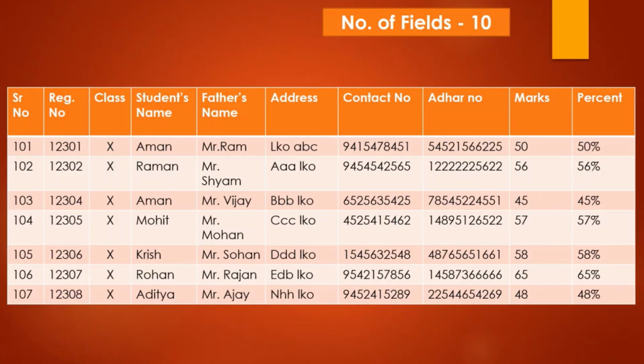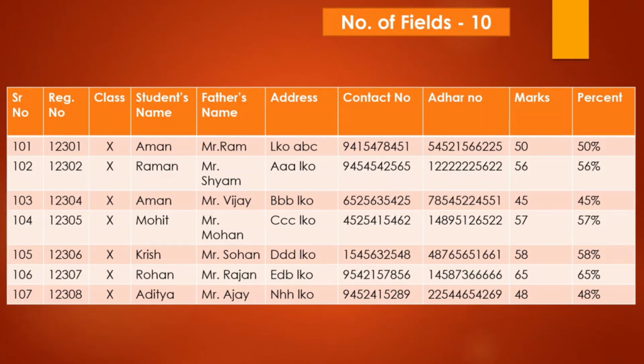Now come to the given table. Here you can see another example of a table. Here we can see the information about the students' details. And as we can see, the column heads are like SR number, registration number, class, student name, father name, contact number, Aadhaar, marks and percentage. जैसा आपका एक स्टूडेंट डिटेल रिकॉर्ड फिल किया जाता है.